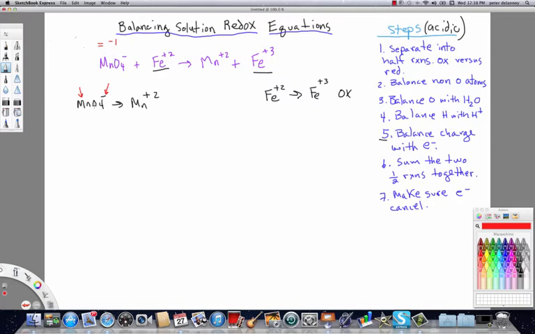So if the charge was 0, which is obviously not really a charge, then this would be equal to 0. If this was -2, then the equation would be equal to -2. If this was equal to +3, then the equation would be equal to +3. Since we're with permanganate and the charge is -1, then the equation is equal to -1.